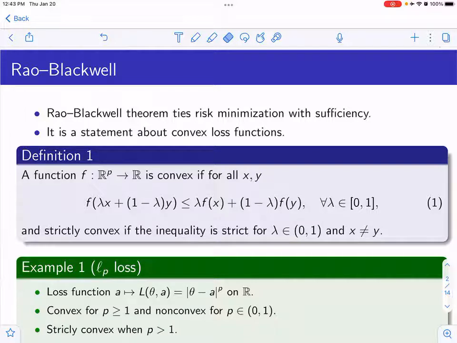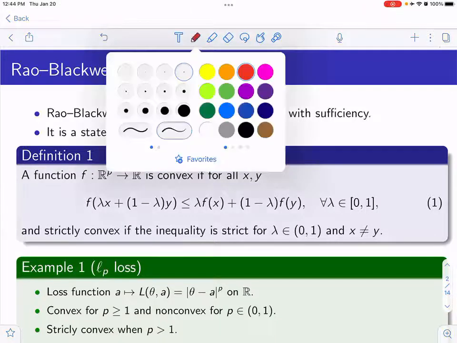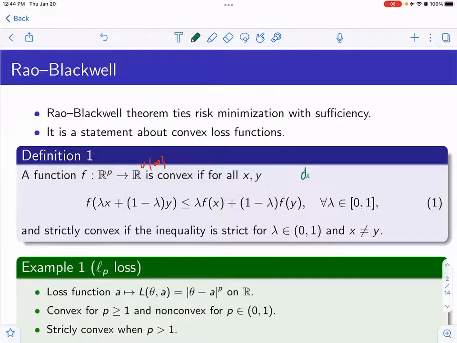And then there's this idea of a domain of a function. We'll see examples of this later in the course. If the function is allowed to take values in this extended real line, then the domain of a function is the set of all values for which the function is actually finite. And you can show, for example, that the domain of a convex function is a convex set.